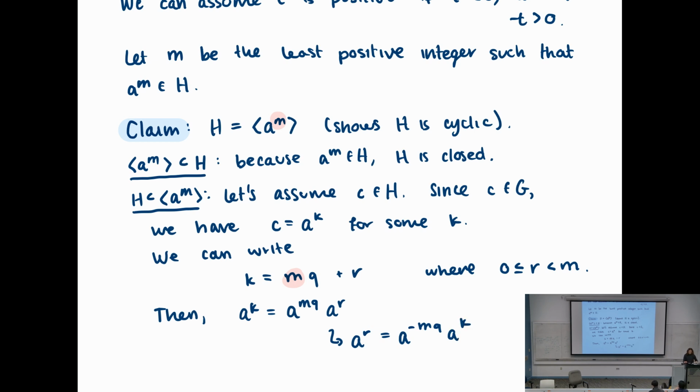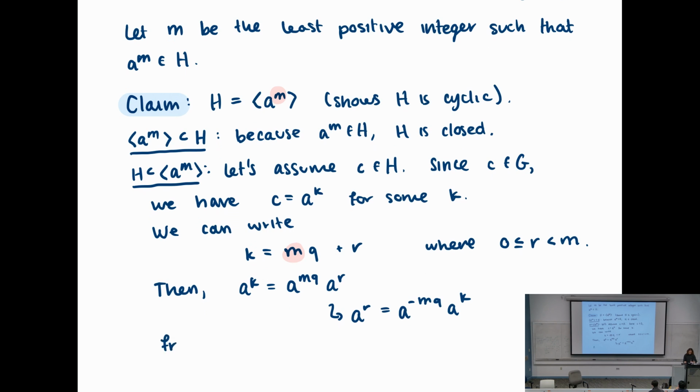And from this, we see that a to the r is in fact contained in H, because we already knew that a to the k was in H, and then we also know that any multiple of a to the m is in H. Okay, so that gives me that a to the r is in H.